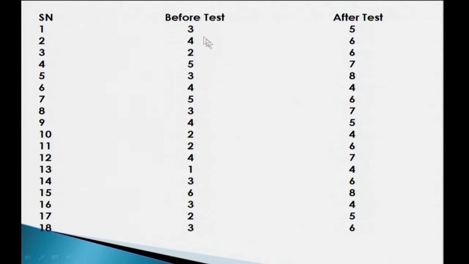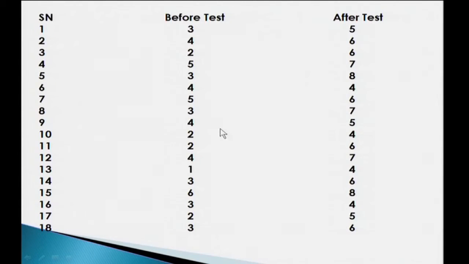If we notice here, this is before the test drive, this is after the test drive. Consumer is the same, consumer 1 before the test drive, after the test drive, again customer 18 before the test drive, after the test drive. So you can have the pairs. So the samples are dependent.